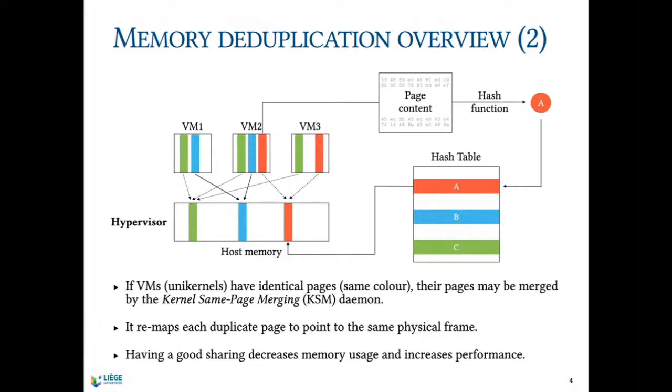If it finds a match, it will then execute a per-bit comparison in order to avoid false duplicates, since two different sequences may give the same hash. And we will see that having good sharing will considerably decrease the amount of memory needed by the underlying system, and thus it will also considerably increase the overall performance on the same underlying system.